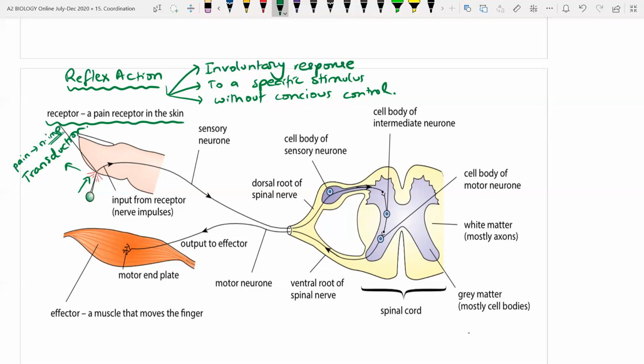How exactly does that happen? Well, inshallah, we're going to look at this topic later. लेकिन यहाँ पे pain impulse generate हुई है, which is being converted into the nerve impulse, and then it is carried by the sensory neuron. So the sensory neuron is taking the nerve impulse from the receptor to the central nervous system.